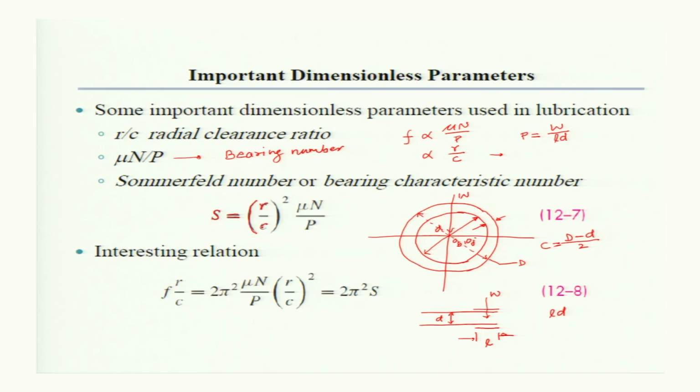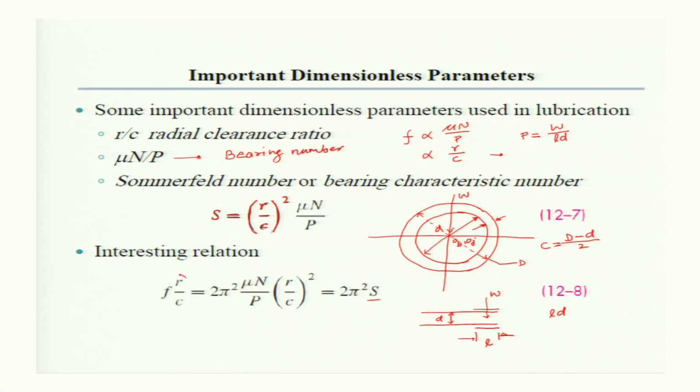This will be a non-dimensional parameter because R will be in mm and C will also be in mm, multiplied by mu n by P, the bearing number which was taken in Petrov's equation. Now, the interesting relation is that f, the coefficient of friction, times R by C, the radial clearance ratio, is given by 2 pi squared mu n divided by P times (R by C) squared, and that is 2 pi squared multiplied by the Sommerfeld number.